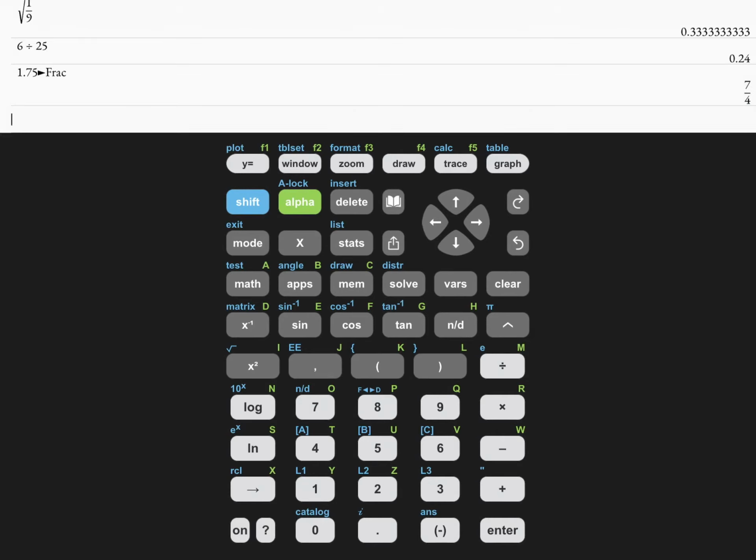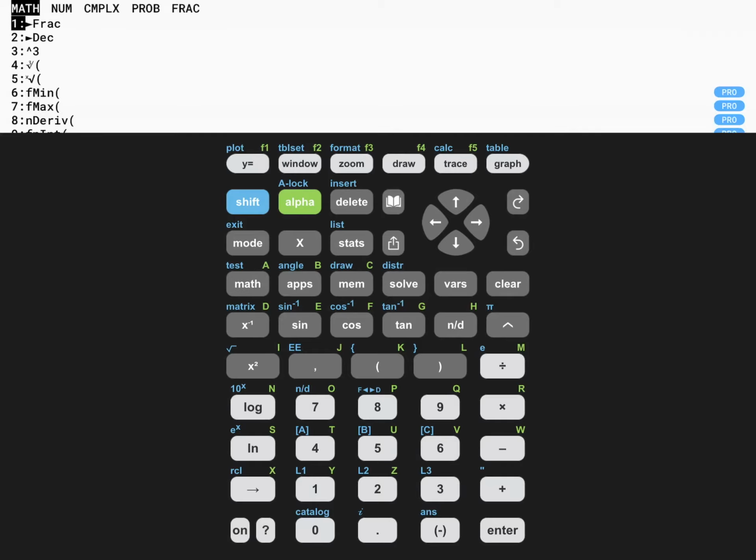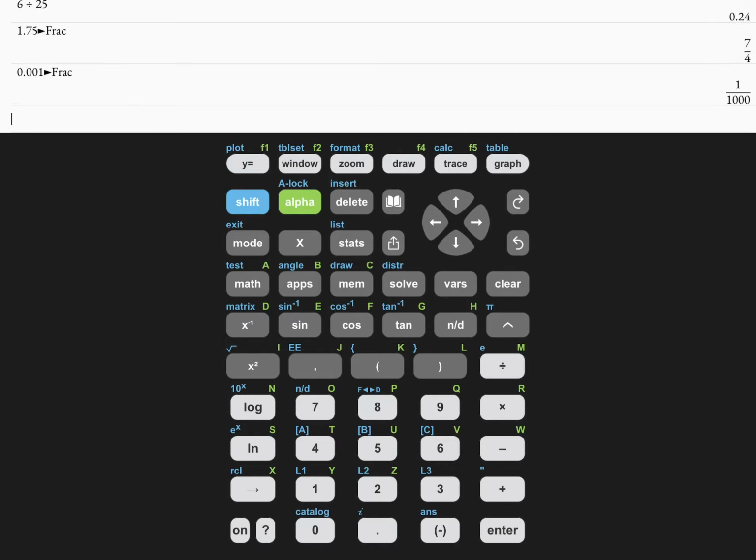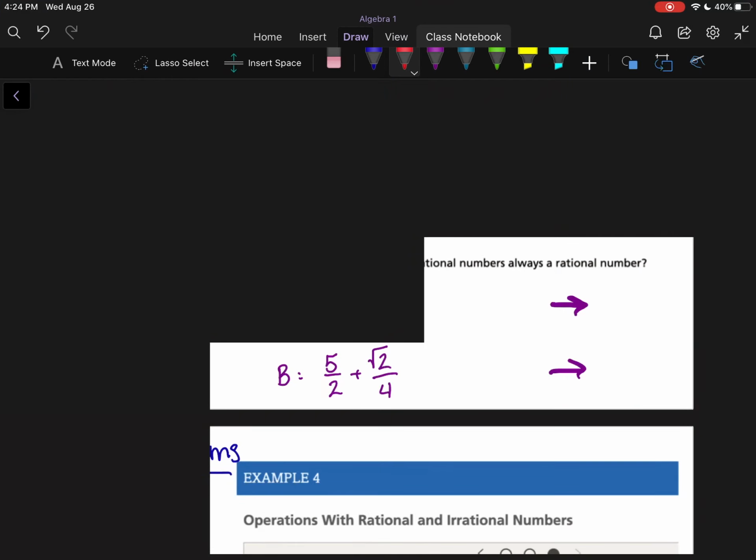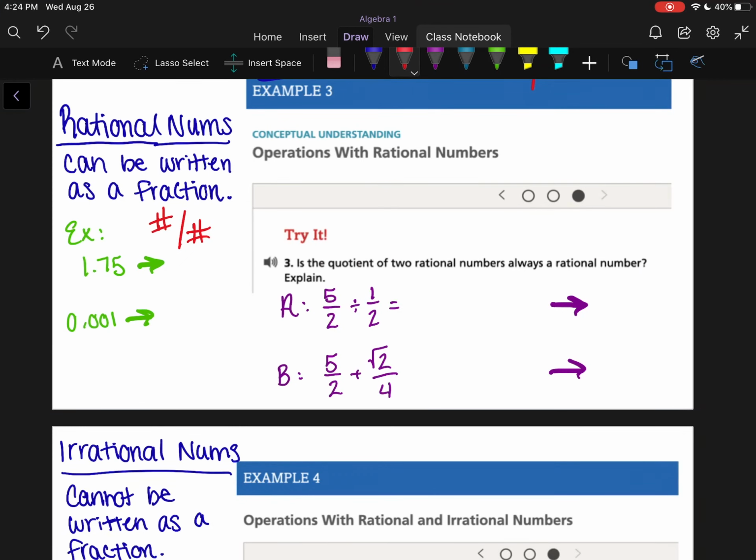Our other decimal to check was 0.001. I want to know, can that become a fraction? Math, Enter, Enter. Yes, they both can be. So I'm going to take that little note, and you're going to take notes with me. 1.75 was 7 over 4.